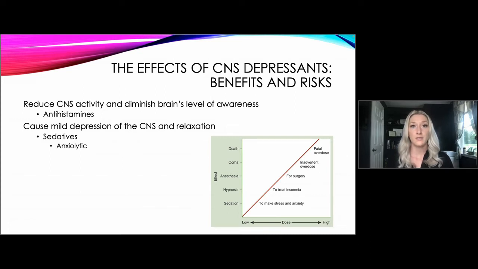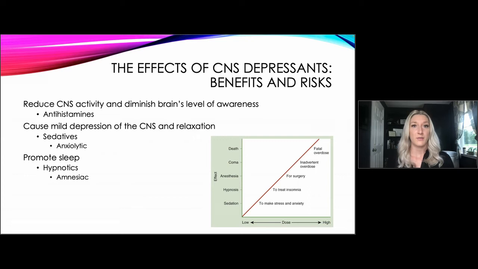So looking at sedatives, their purpose is to relieve anxiety, fear, and apprehension. They can also have muscle relaxing properties. And this drug can actually relieve anxiety and has been prescribed for that. So then we look at hypnotics, which promote sleep.